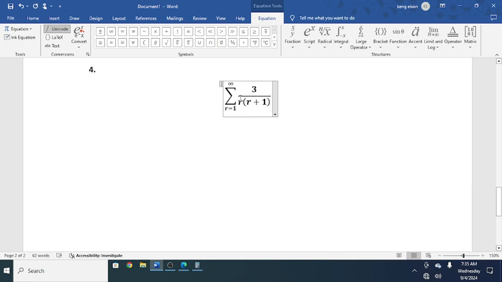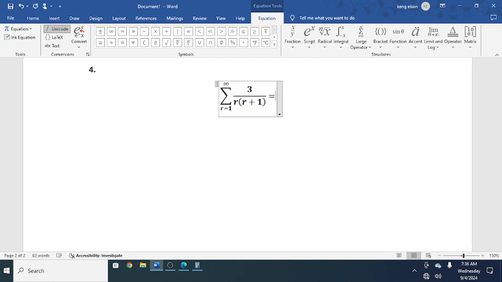Now, we are going to find a way to get the partial sum, that is the sum from r equals 1 to n. Then we take the limit as n goes to infinity of that partial sum, and it is going to give us the sum to infinity.